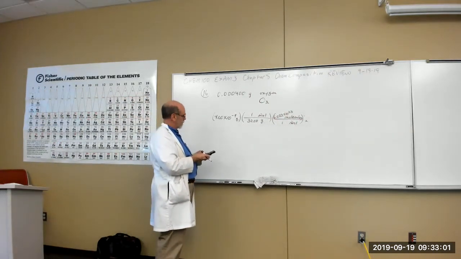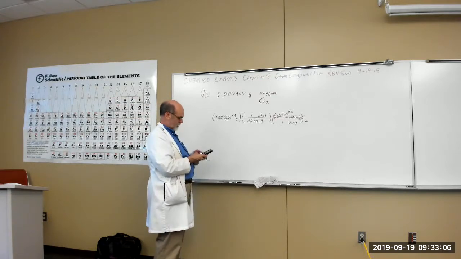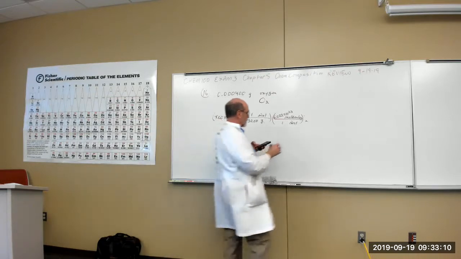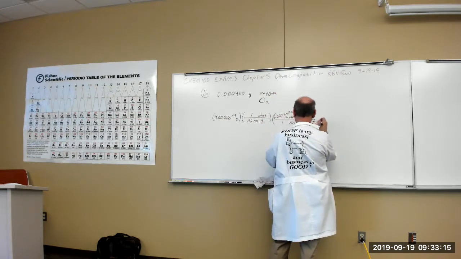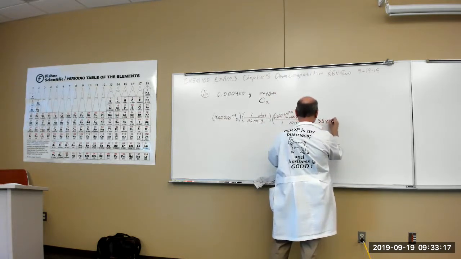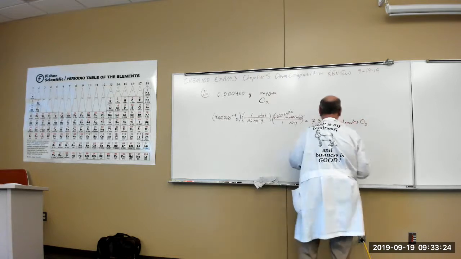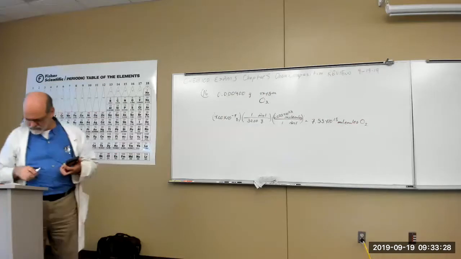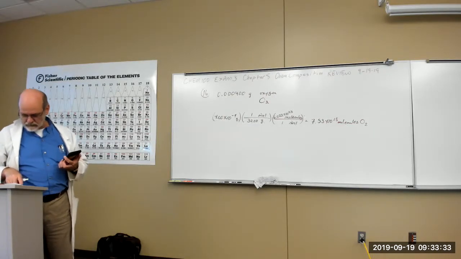So that's 4 exponent minus 4, divide by 32, and times 6.022 exponent 23. I can keep 3 of them: 7.53 times 10 to the 18 molecules O2. There it is, D.